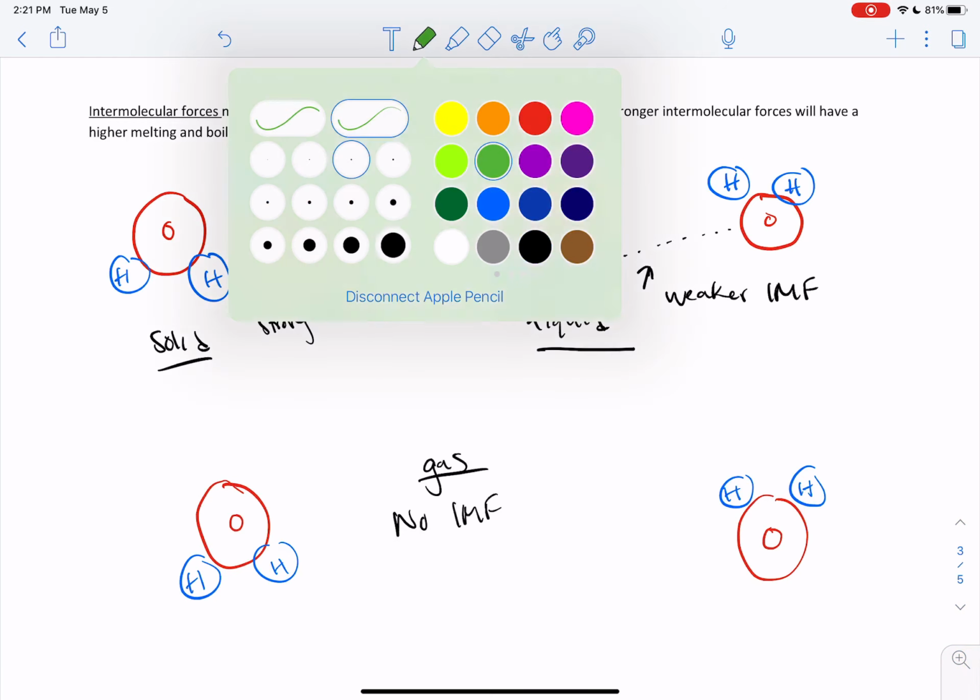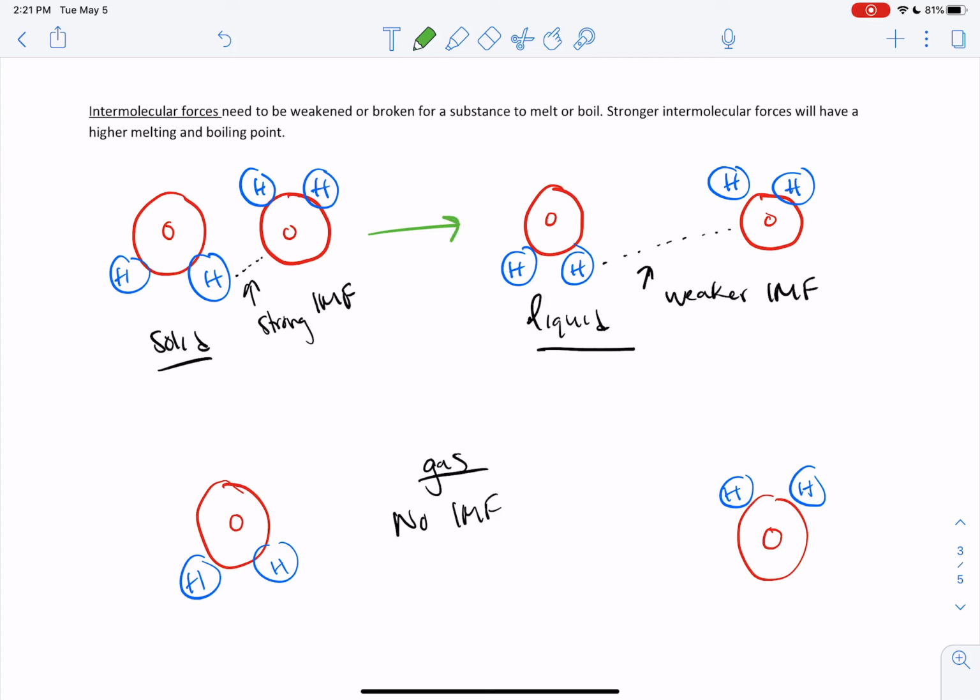So this means that here, if we're going from solid to liquid, if we're trying to melt something, then we need to go from having a strong intermolecular force to a weaker intermolecular force. So this needs to weaken our intermolecular force. If you go from a liquid to a gas, you go from a weak intermolecular force to no intermolecular force. So you need to break the intermolecular force, okay? And this is the case from liquid to gas, which is boiling.